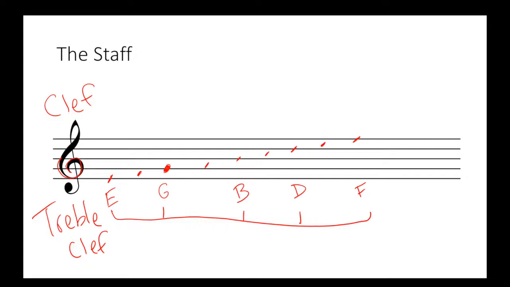Or a lot of people like to remember that the spaces spell out the word face with F-A-C-E. So you'll notice we only use a very limited alphabet from A through G, and then we start over as we're describing pitches.